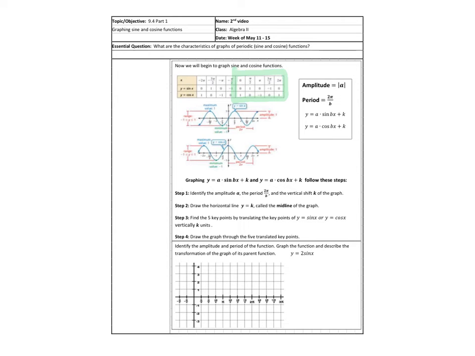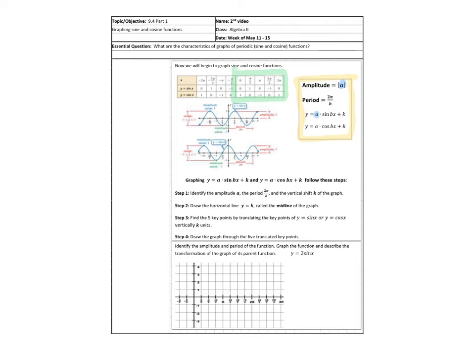Some other good information we'll be using when we graph is in this box, where we have our amplitude. We talked about that in the last video. It's half the distance between the highest and the lowest point, and it's always a positive number because it's a distance. That's why there are absolute values around the a value. The a value is found in the front of our equation.